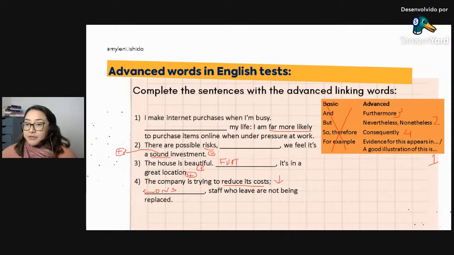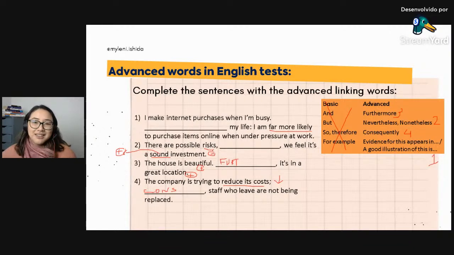So number 4 here couldn't be nevertheless because it's not a contrast, it's a consequence, okay? Nevertheless, nonetheless, and but I use when I have the idea of contrast, like I have here in number 2. There are risks, but we feel it's a good investment.